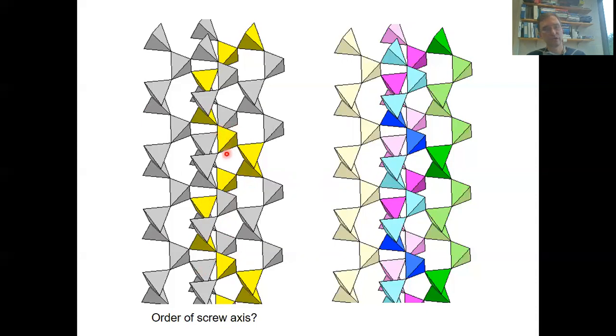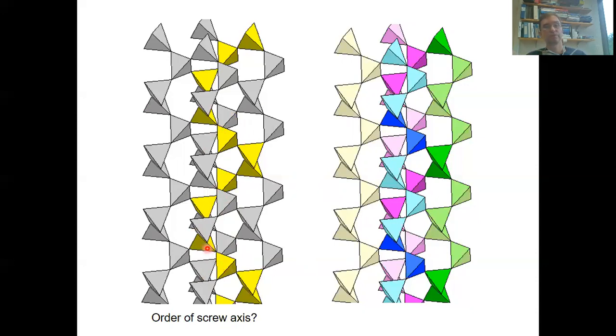Okay, so the 6th translation produces this tetrahedron, and you see that you only have to take this tetrahedron and shift it into the direction of the axis to produce this one. Okay, so all the other 5 tetrahedra here are produced by the screw axis.